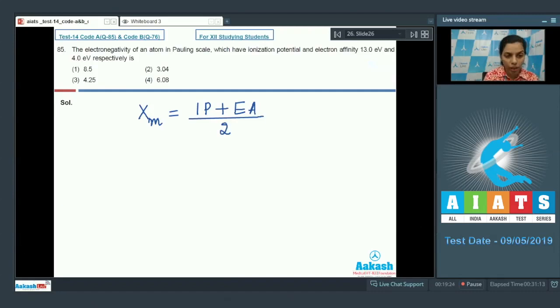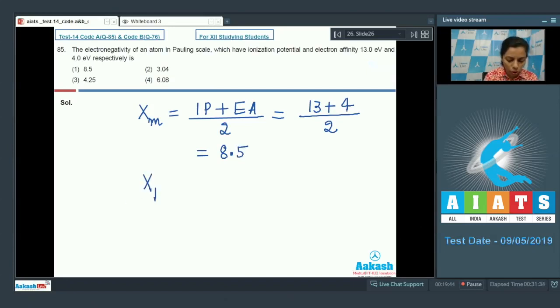With the help of this, we can find the electronegativity on the Mulliken scale. Let's find it out. IP is the ionization potential, that is 13, plus the electron affinity, 4, divided by 2. This is 17 by 2. So this can be written as 8.5.